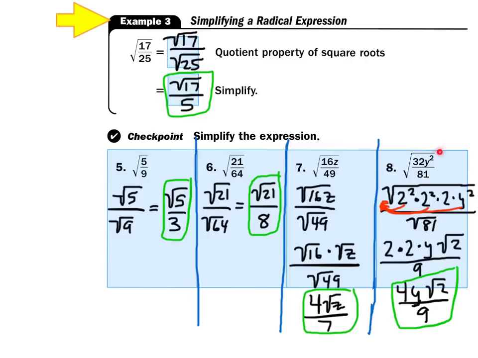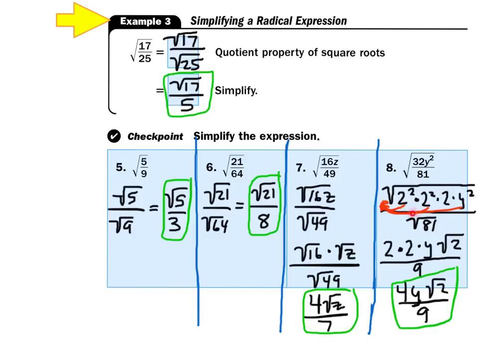Okay, take a look at number 8. I have the square root of 32y to the second power over the square root of 81. So 32, if I did a prime factor tree, would give me 5 2's. So I had a pair of 2's, 2 to the second power, times another pair of 2's, 2 to the second power, times, there's still one more 2, times y to the second power. Well, remember, I want to bring this guy out, so that becomes a 2 on the outside.